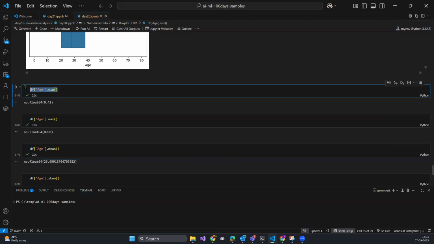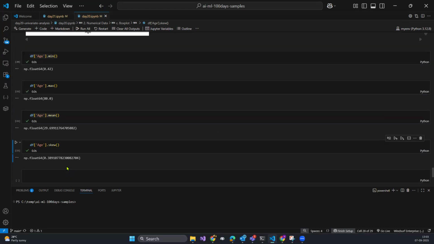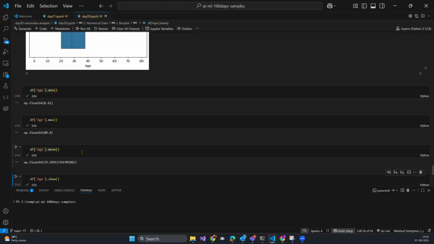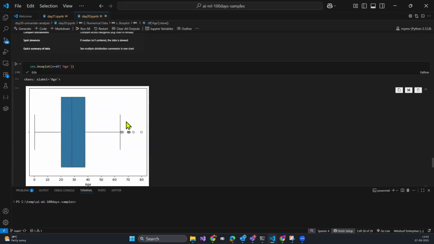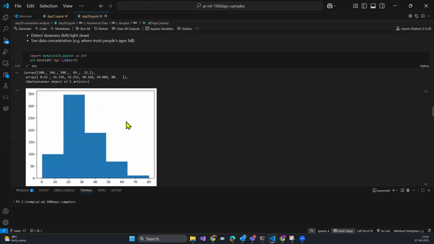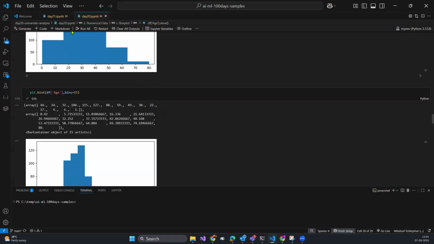This is the minimum value in this data set, this is the maximum value, and this is the mean of this data distribution. And skew, so we can see that this data has this much skew. This is the way we can do univariate analysis for numerical and categorical data sets, right?